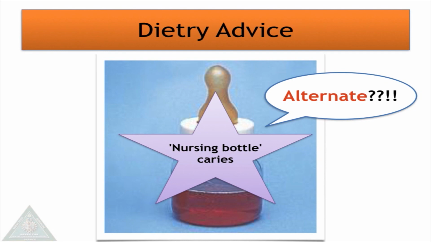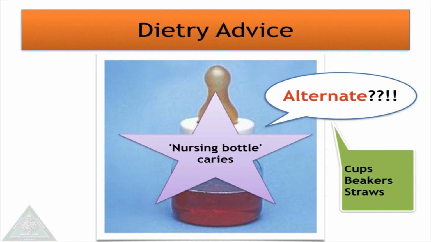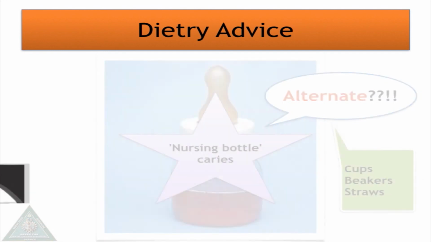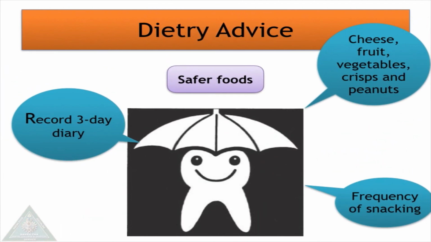What is the alternative to the nursing bottle? We can use cups, beakers and straws for drinking. Safer foods such as foods rich in omega-3, fresh fruits, crispy fruits and peanuts can be used, and we can avoid frequent snacking and record a 3-day diet diary for safer foods.